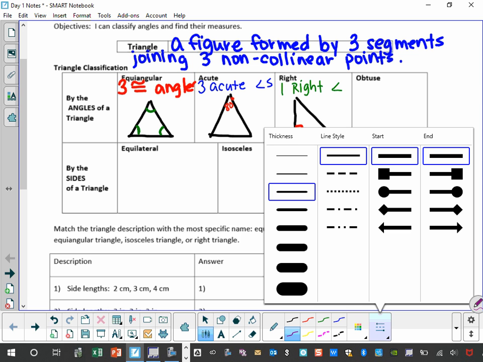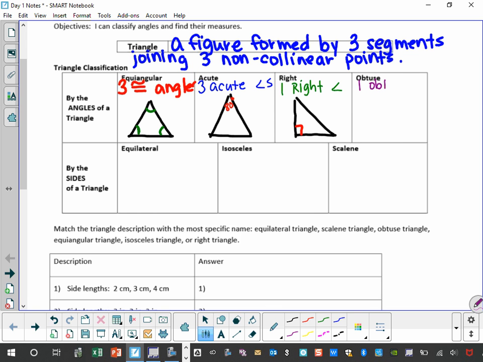Alright, then we have obtuse, which means we have 1 obtuse angle. Let's go ahead and make another triangle here.